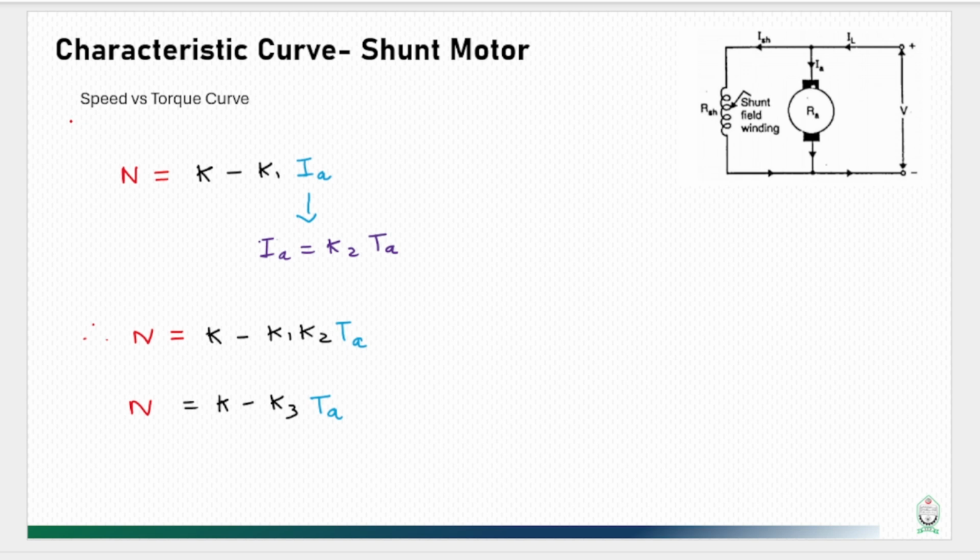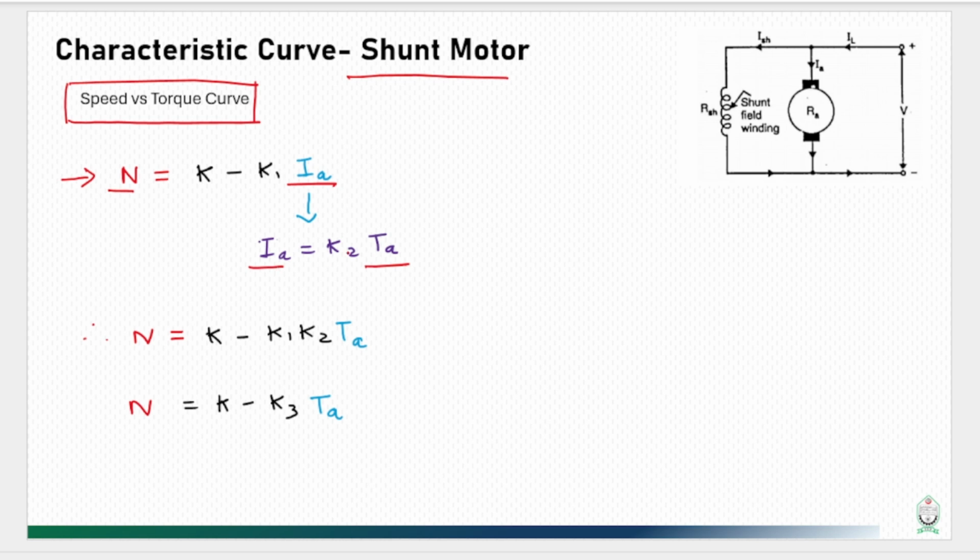Now let's move to the characteristic curve of speed versus torque. So we need to establish a formula for speed versus torque in terms of shunt wound motor. We will begin with the formula of the last characteristic curve, which was speed versus armature current, and we know that there is a relationship between armature current and armature torque, and flux is a constant quantity in terms of shunt motor.